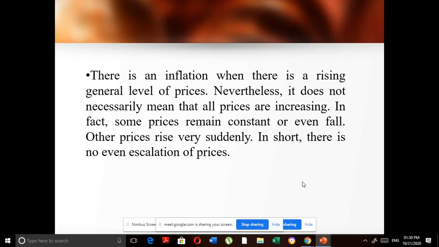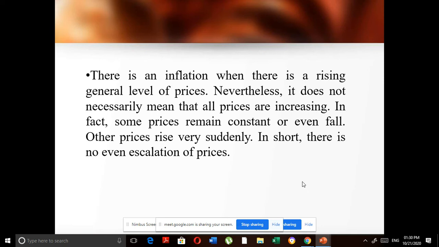So in general, the definition of inflation is increasing in prices, but it doesn't mean the price of every good increases. Some prices are constant, and prices on some products even fall. Okay, this is inflation. If we calculate the inflation rate, it will be positive.